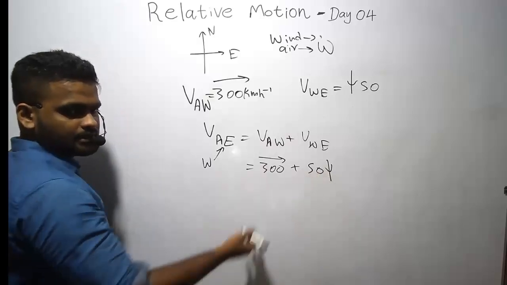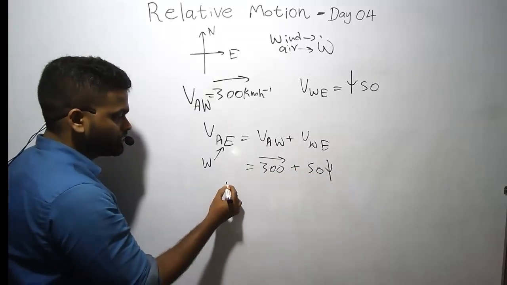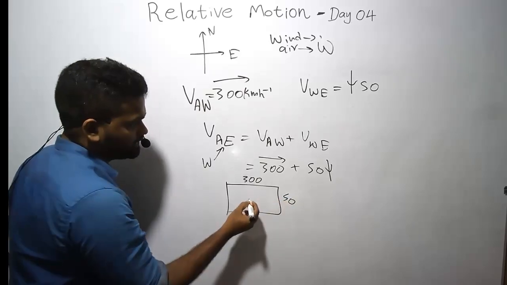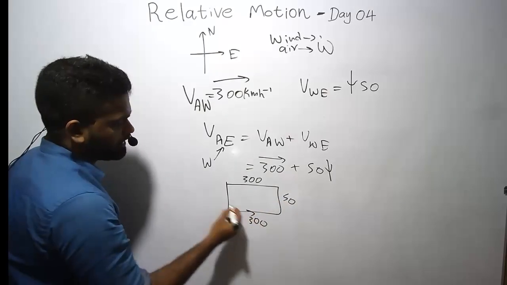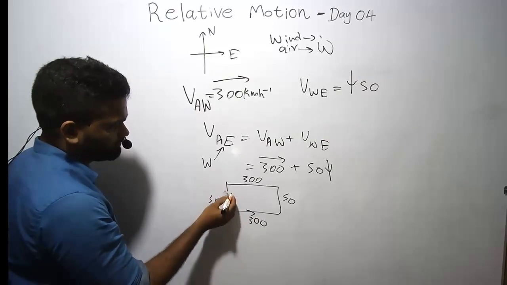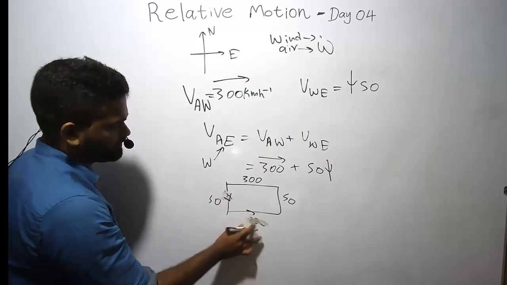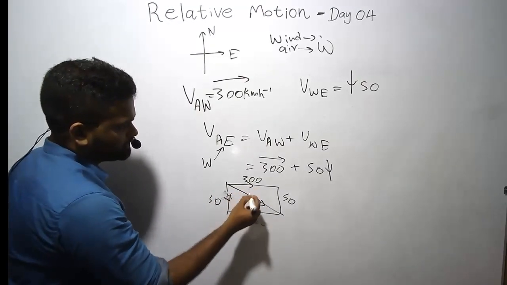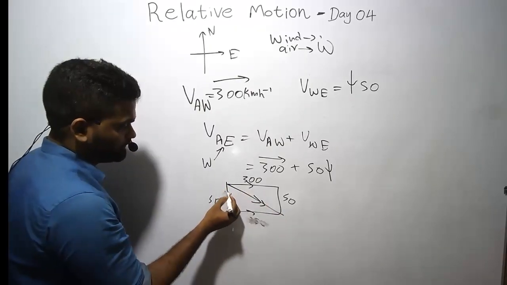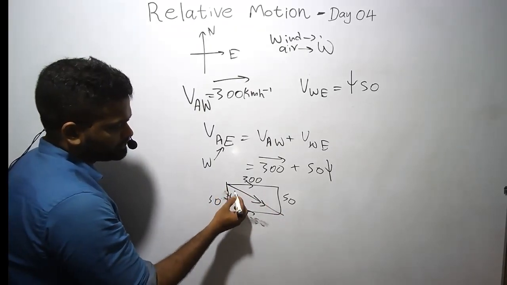Then you just have to add these two. Draw a rectangle. So the resultant velocity is to this side. So you have to find this.